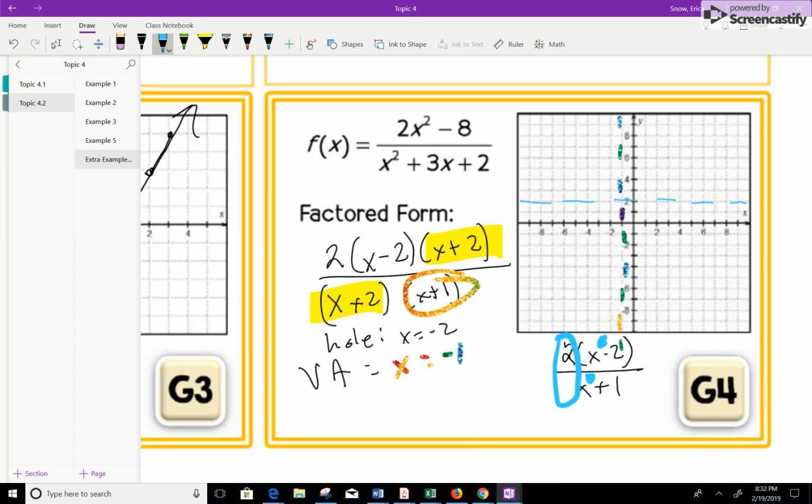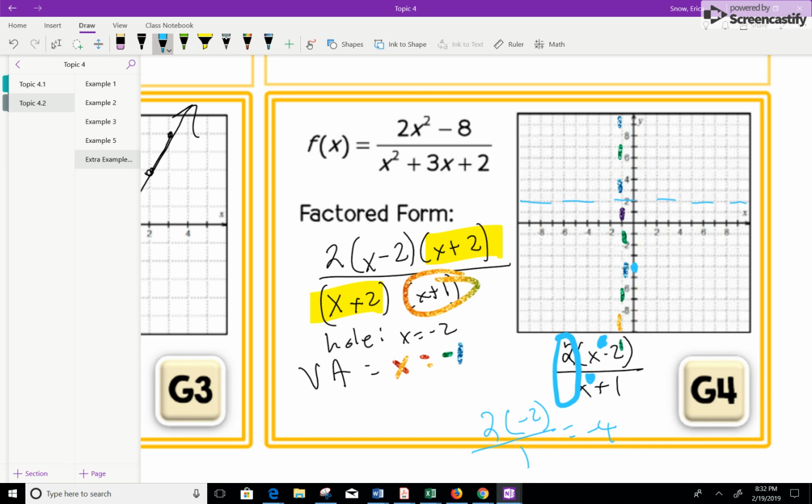Then our last step is to plug in numbers on either side of that vertical asymptote. So I'm going to start by plugging in 0. When I plug in 0, I get 2 times -2 over 1, which is -4. So we get down here 0, -4.